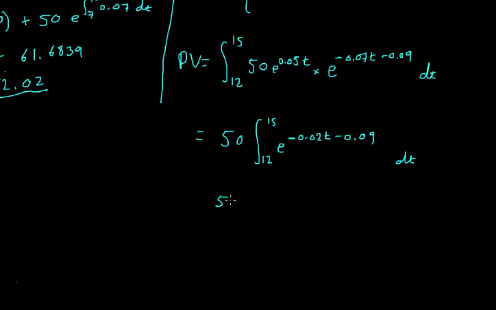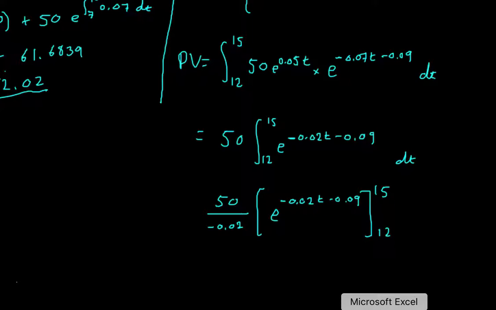So I'll factorize that and write e to the negative 0.02t minus 0.09 between 15 and 12, this bit when 15 is subbed into t minus this when 12 is subbed into t.